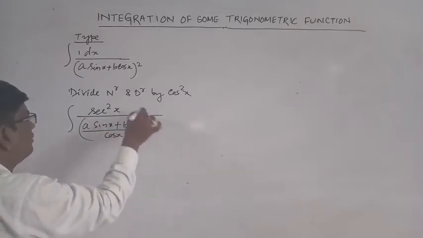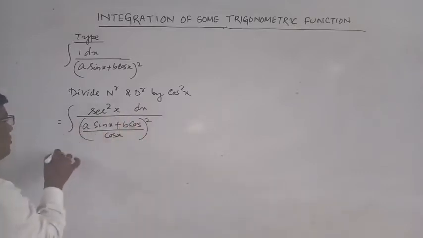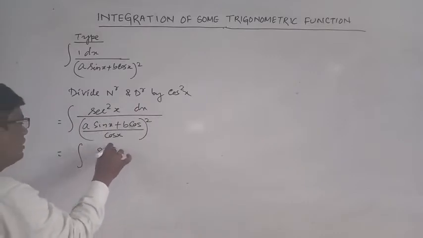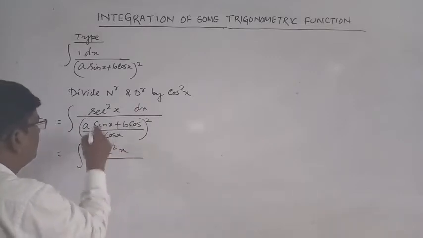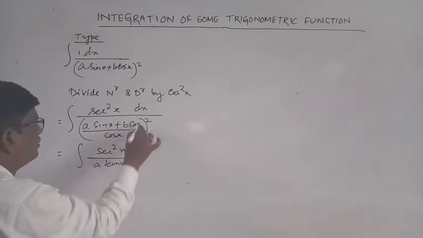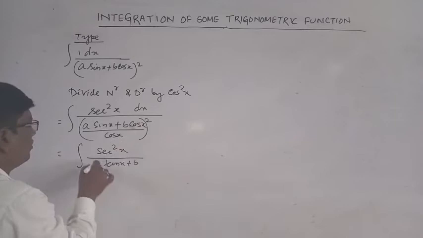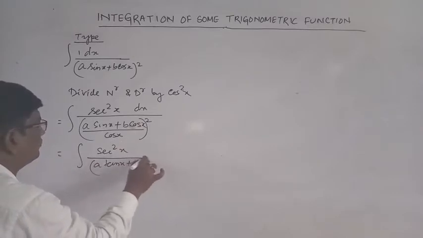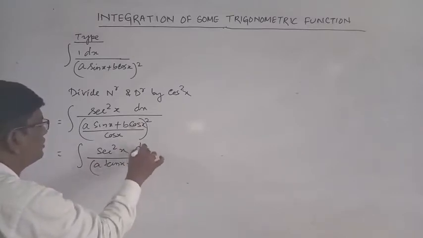Clear? And this is equal to sec square x divided by (a tan x plus b) whole square dx.